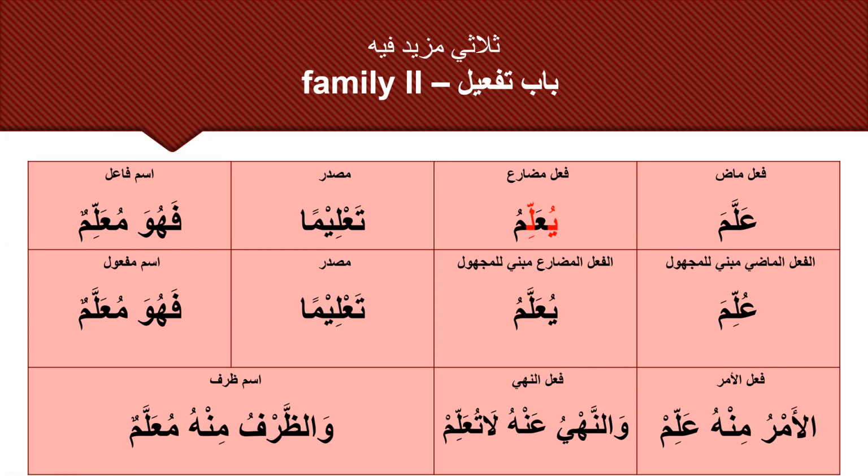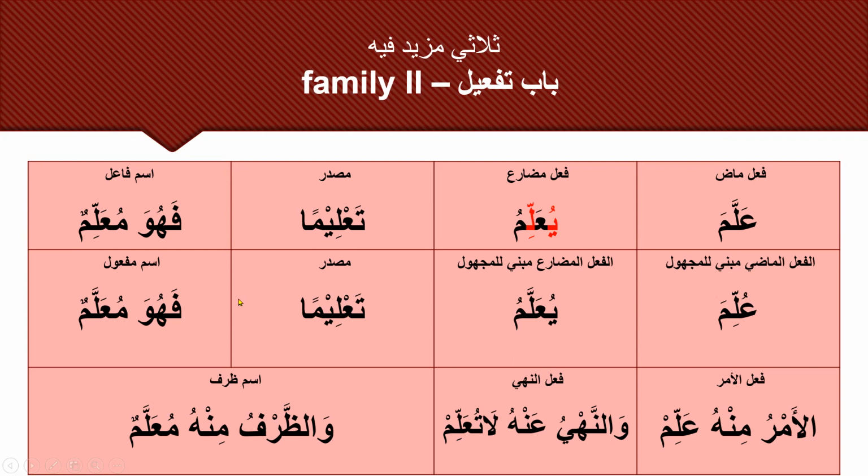Okay, so let's see. First fi'l madi, then fi'l madi mabni lil majhul, Ullima; mudari mabni lil majhul, Yu'allamu; masdar Ta'liman, again the same masdar, so you will not feel difficulty in memorizing them.